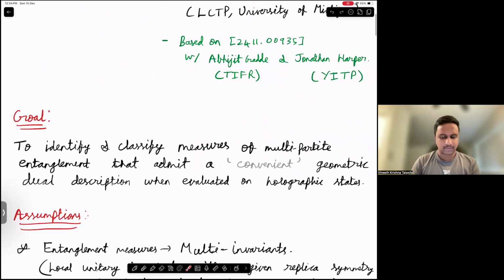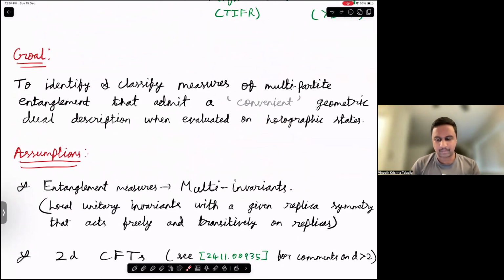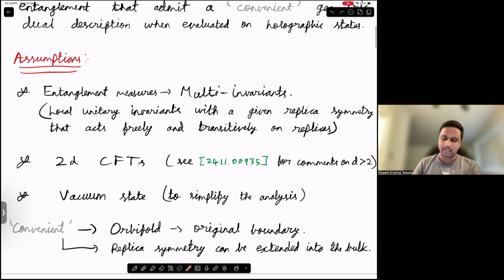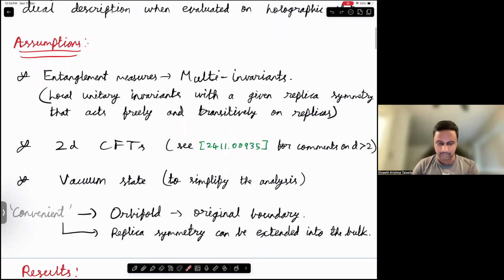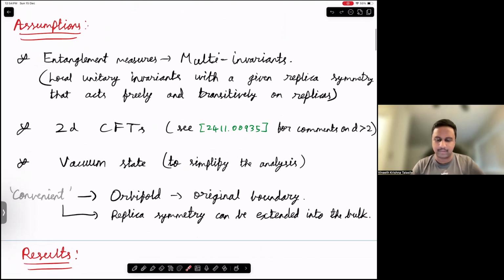So the main goal of this project is to identify and classify measures of multipartite entanglement that admit a convenient geometric dual description when evaluated on holographic states. And the assumptions that we have in this project are that we will be considering entanglement measures which are called multi-invariants. So these are basically local unitary invariants with a given replica symmetry that acts freely and transitively on the set of replicas.